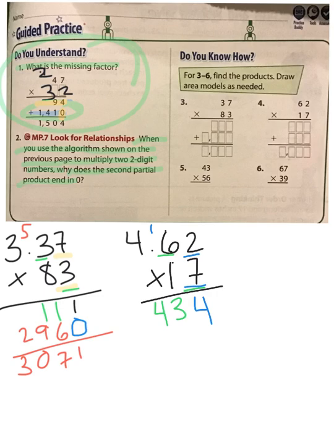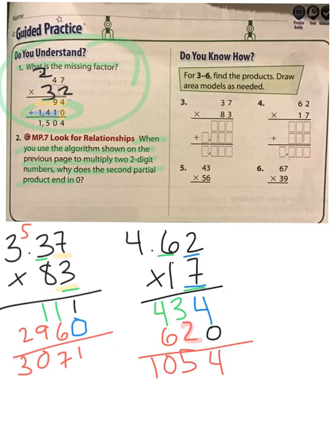Put a 0 to hold your ones place before multiplying your tens. Erase what you regrouped. Now we're going to multiply 1 times 2, which is 2. Whoops, sorry about that. And 1 times 6, which is 6. Add them up, and you are going to get 1,054.